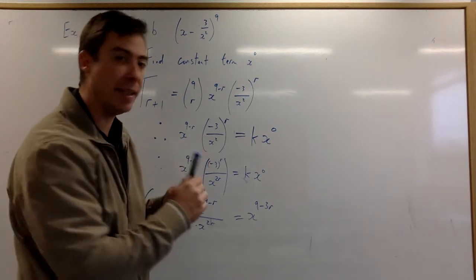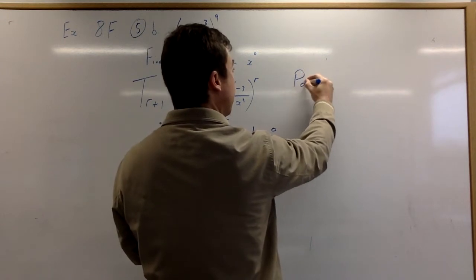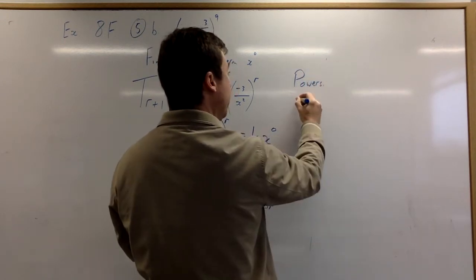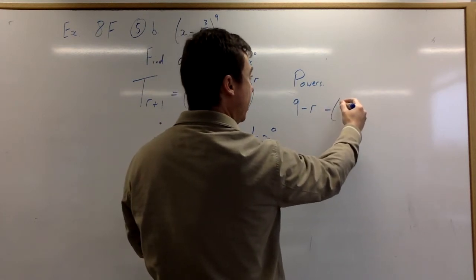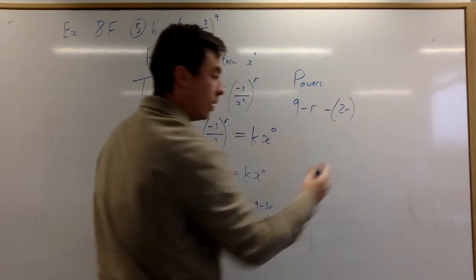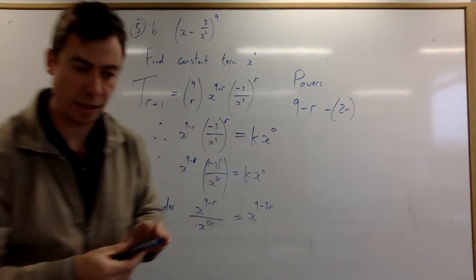You might want to think about that. Just the powers. 9 minus r minus 2r. Can you see that it's 9 minus 3r? Right. Good.